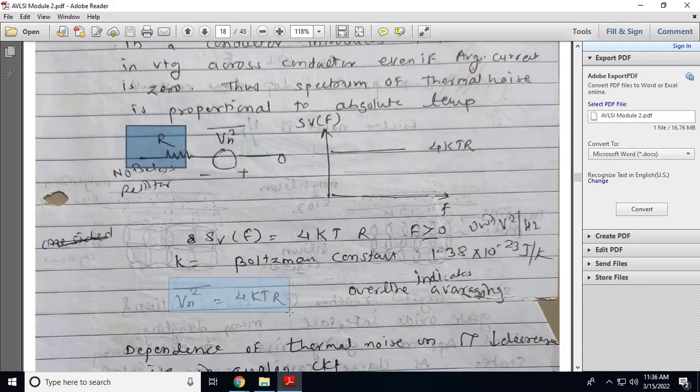This value is Vn squared, the noise voltage, with an overline indicating the averaging. So Vn squared overline is equal to 4kTR. This is the noise voltage equation for the resistor, 4kTR.